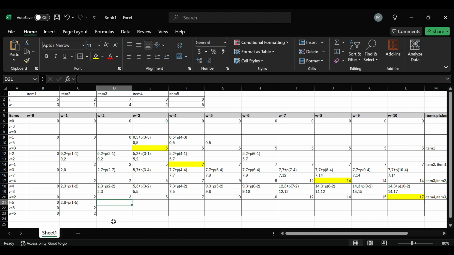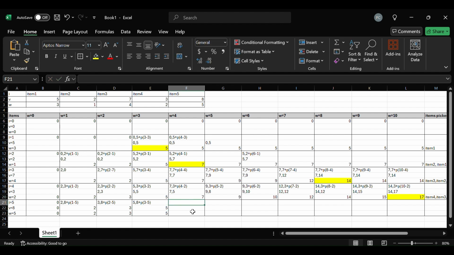Here did not pick up 3 versus pick up. Our decision is did not pick up, did not pick up. Here 5 did not pick up versus 8 plus profit of the remainder 3 minus 5. So our decision is did not pick up, did not pick up.